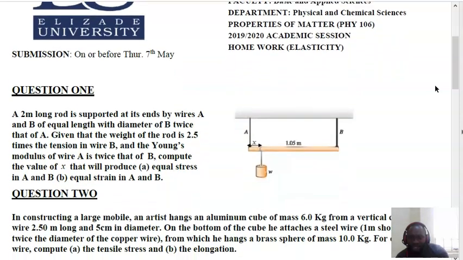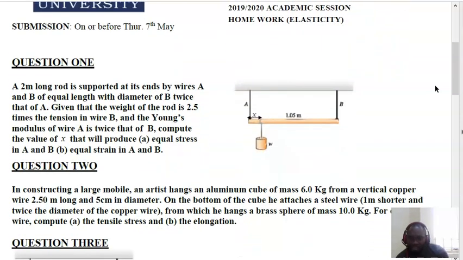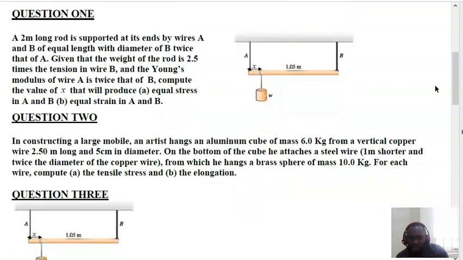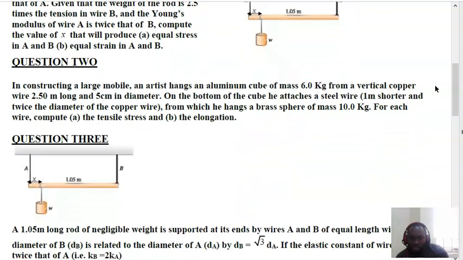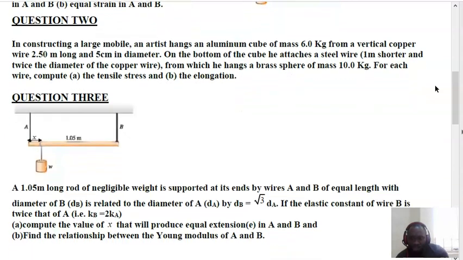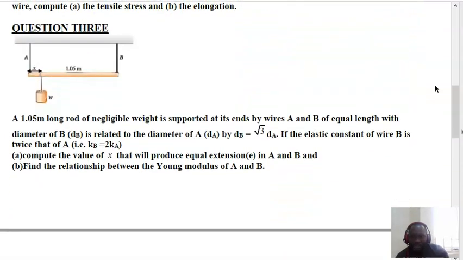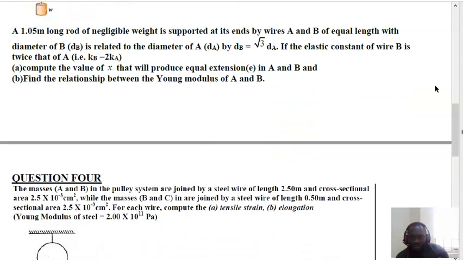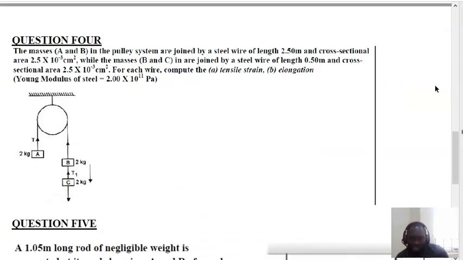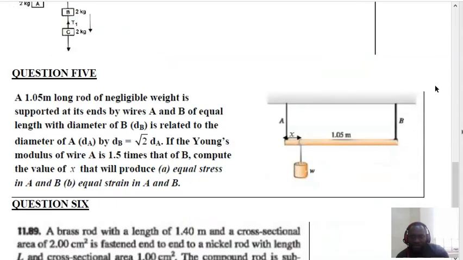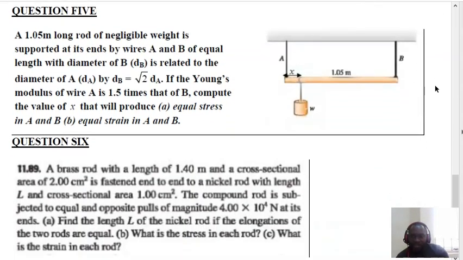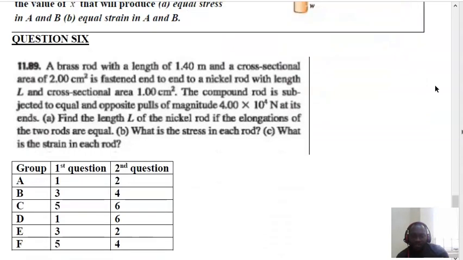So you can see question 1 is also this kind of problem I've solved earlier. Question 2 is different. Question 3 is the same kind of problem, but with some modification. Question 4 is a different type of problem. Question 5 is similar, and question 6 is a different type of problem.